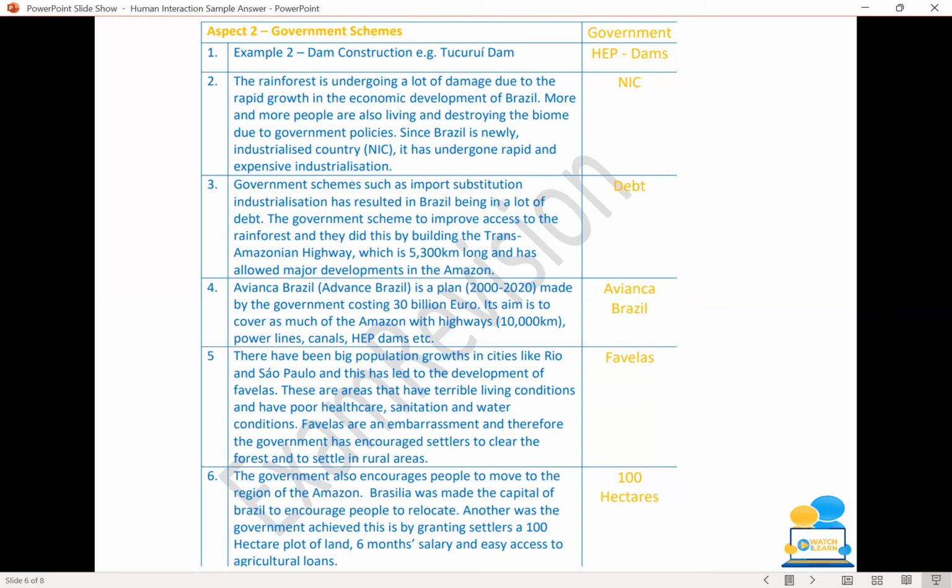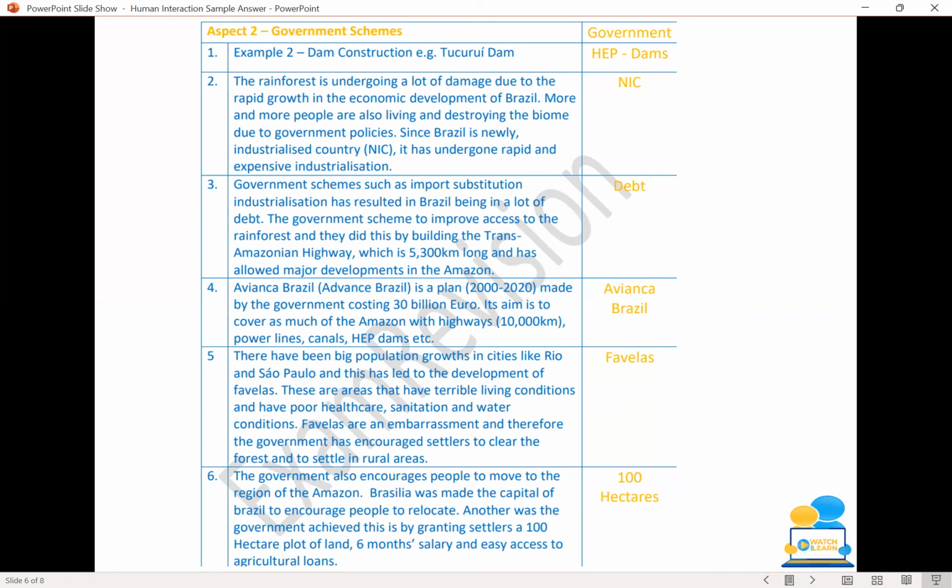And this has also led to greater links with other countries such as Peru and Colombia on the other side of the Amazon rainforest for Brazil as well. But again, this costs a lot of money, and it's something that the government have been involved in, and it's one of their policies or one of their schemes.